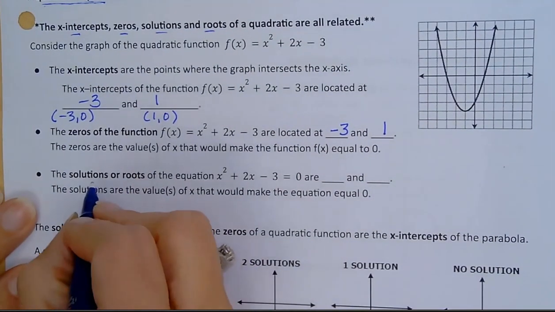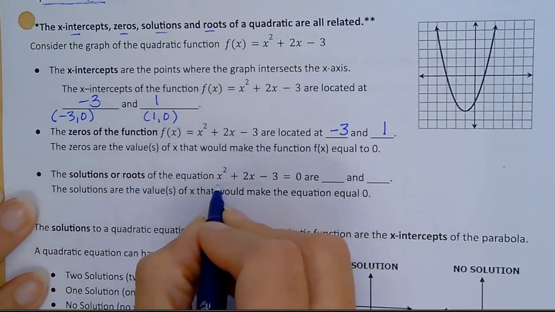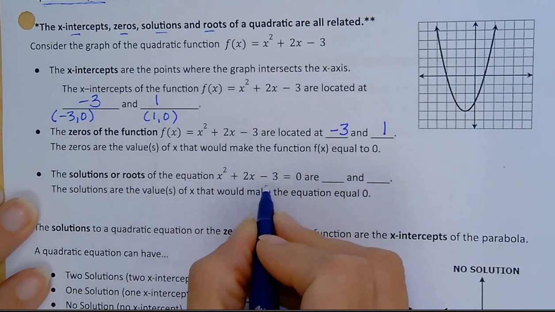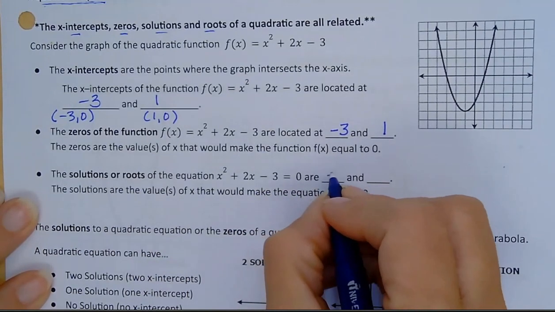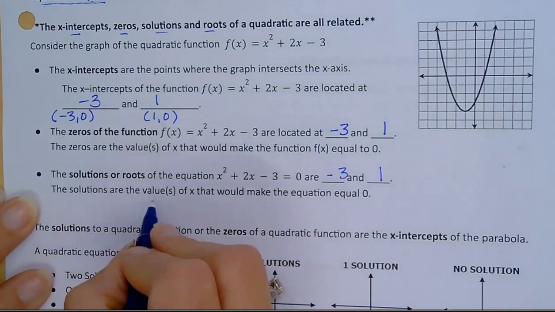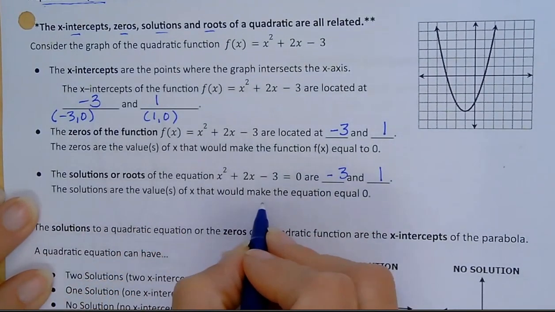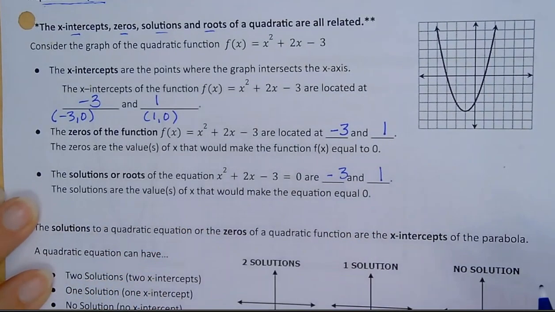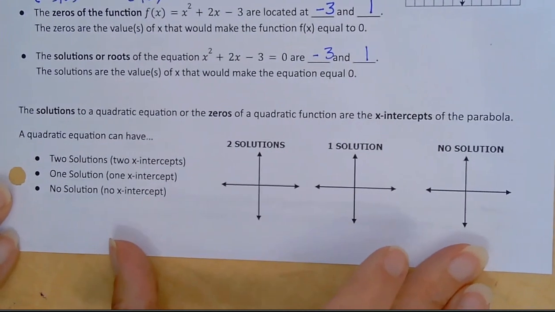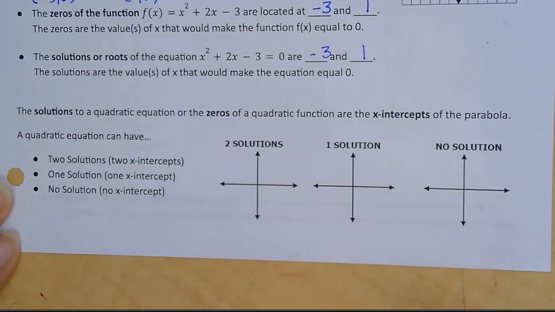The solutions, or roots, of this equation, so now we have set it equal to 0, right? The solutions are negative 3 and 1. Okay, the solutions are the values of x that when you plug them in, make the whole equation equal to 0.